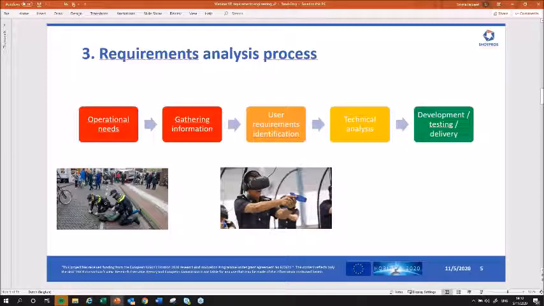And so there's a process in between where we go from very wide to very narrow, so more specific. And it starts with gathering information, and then the user requirements are more and more refined and more specific. And then at a certain point, it will go over to developers who will take these requirements into consideration and propose and develop the best possible solution to meet those requirements.